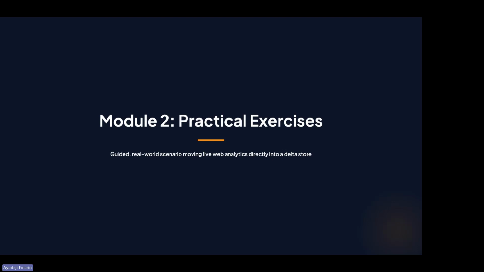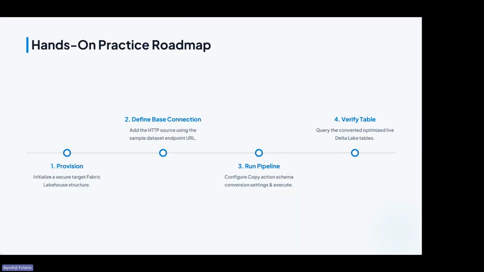So I move into the second module of my session today. That is the practical exercise. We are going to get into a hands-on project now. So for the hands-on project, these are the parts. Number one, provision.